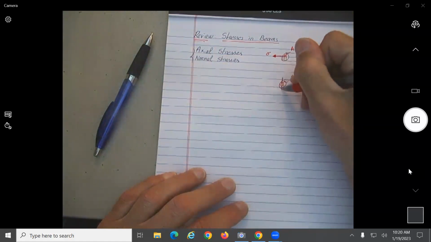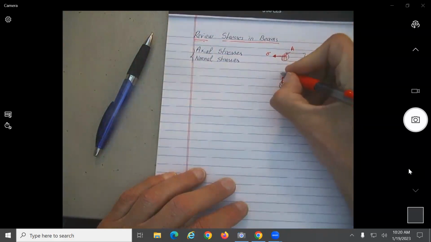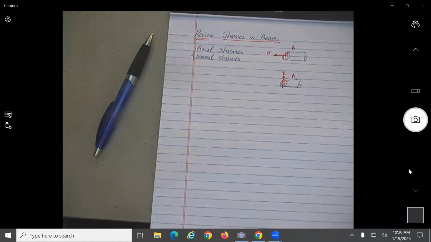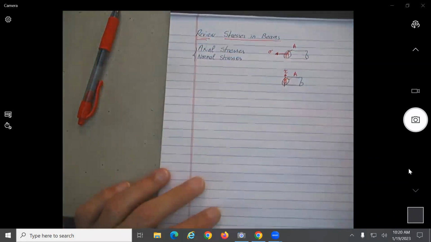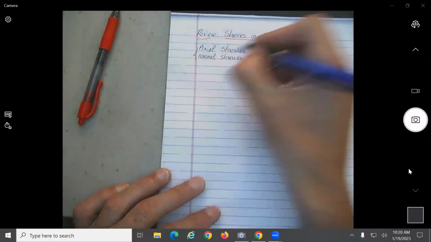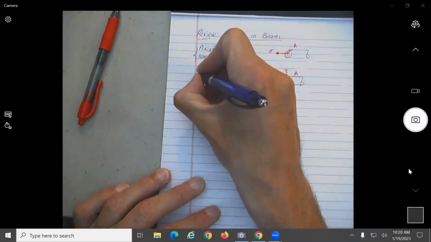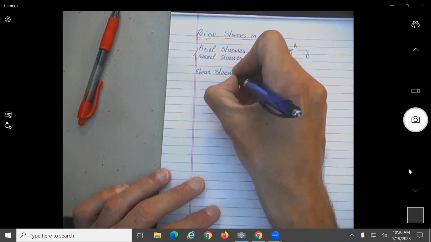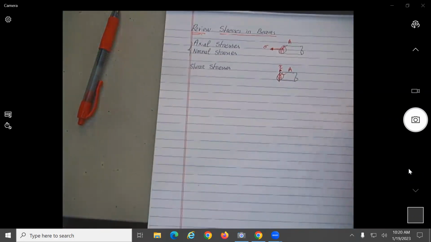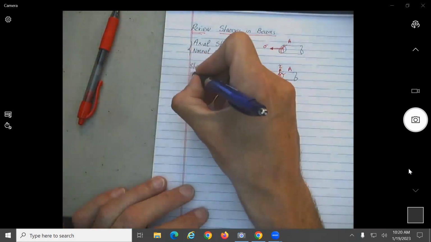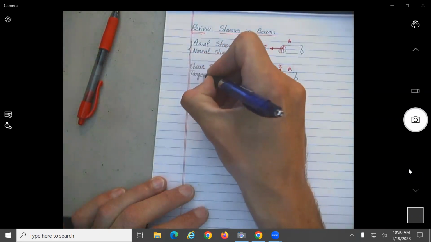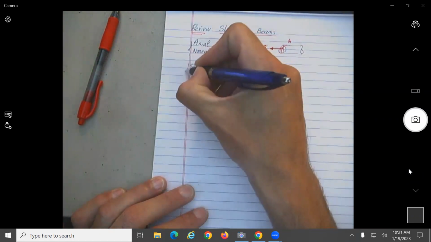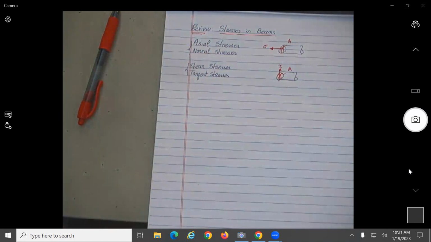The other option is to have the shear going in that direction. Usually you use the letter tau for the shear. This one is called shear stresses, or what could be another name? Tangential, because it would be tangent to the cross section.